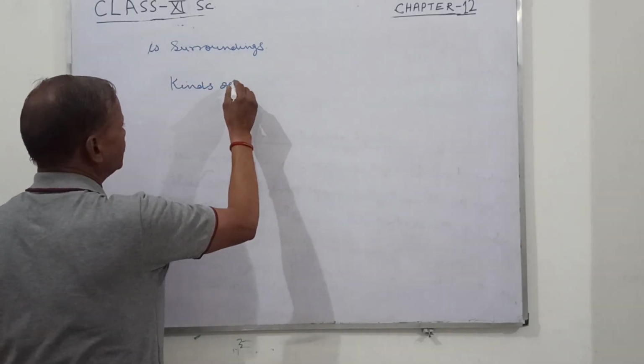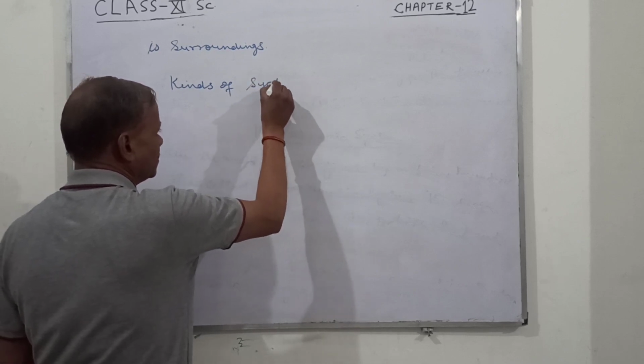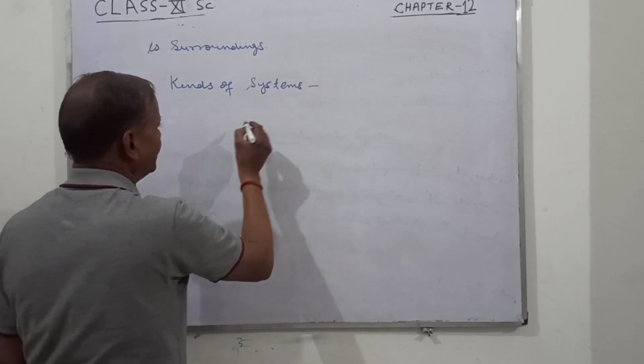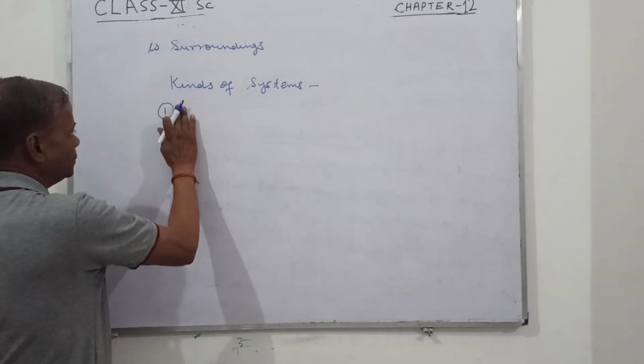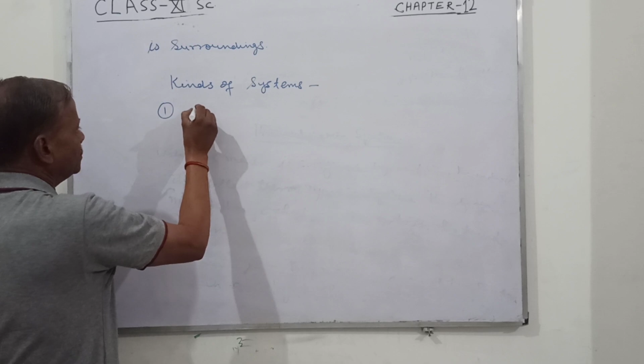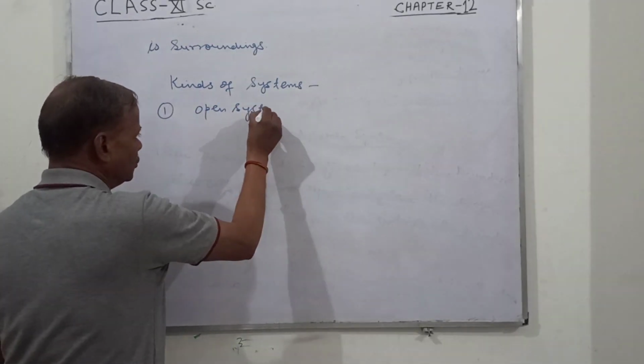Kinds of systems. There are three kinds. One is the open system.